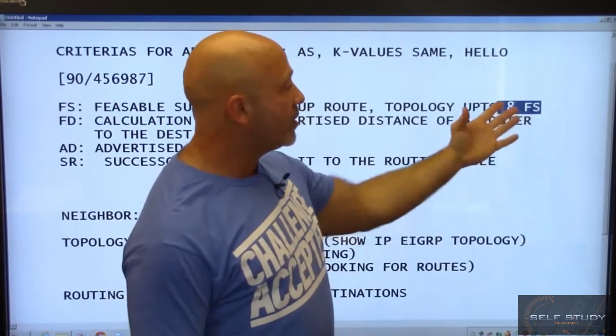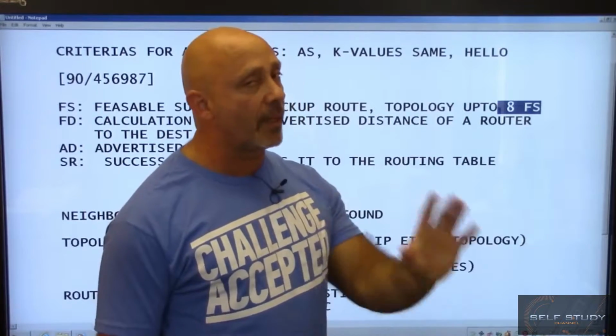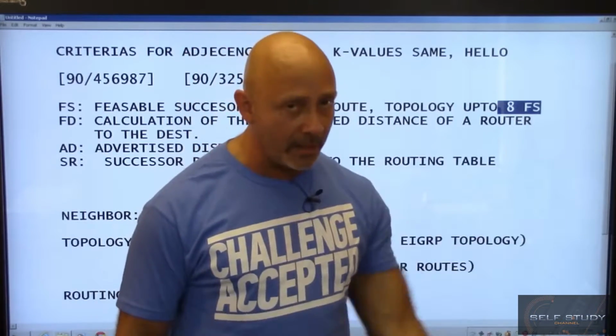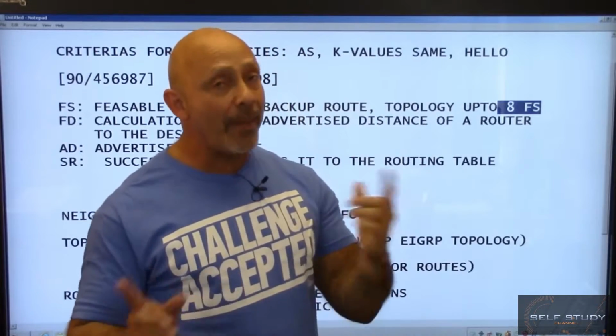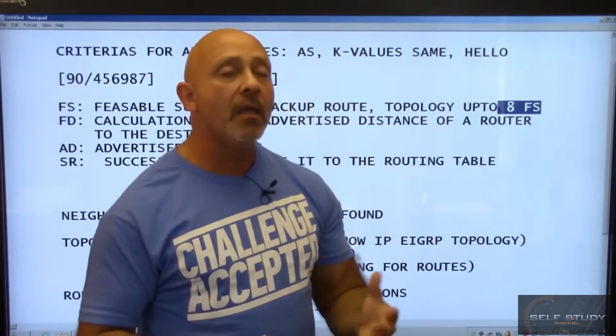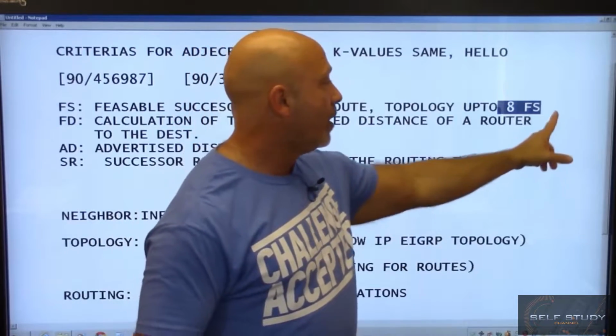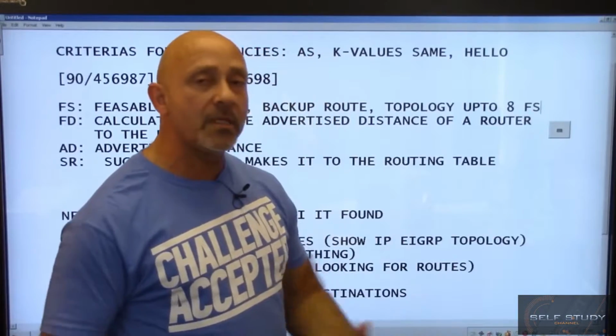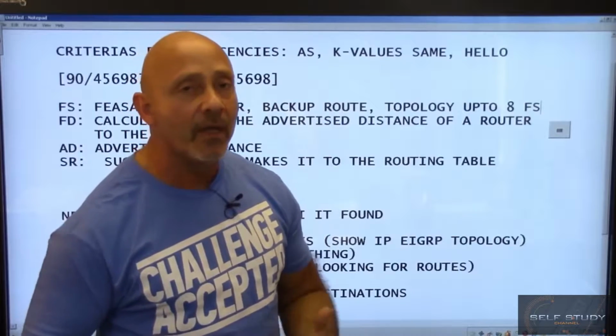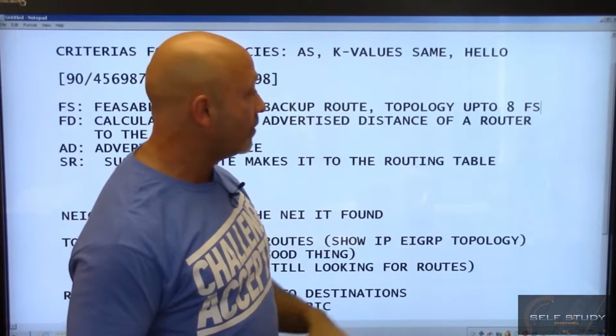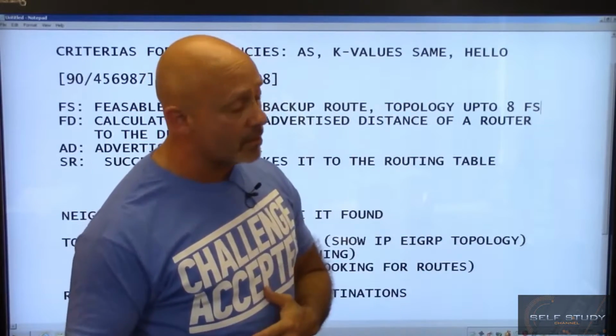So it is good to have feasible successors, but again, not too many. Depending on how your design is, it could actually cause loops. So you have to be very careful when you're designing your network. Sometimes it's good, sometimes it's bad.